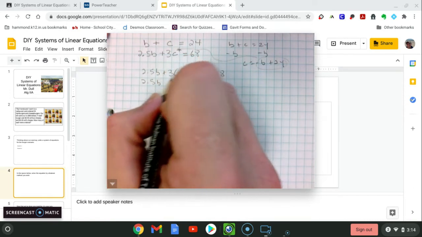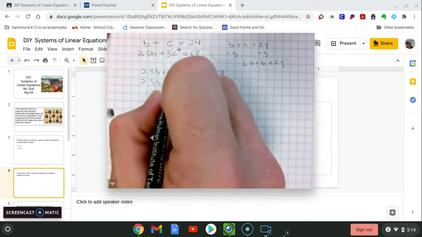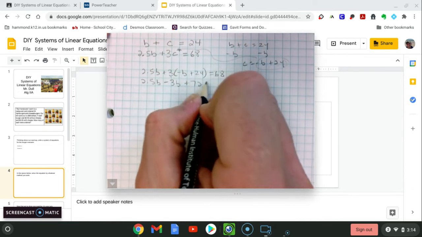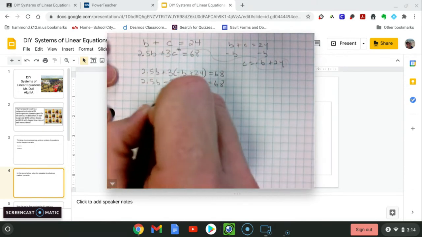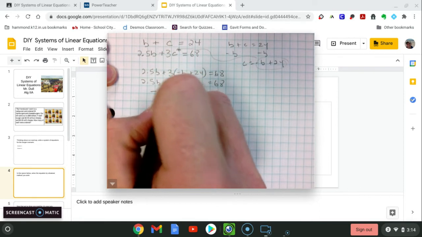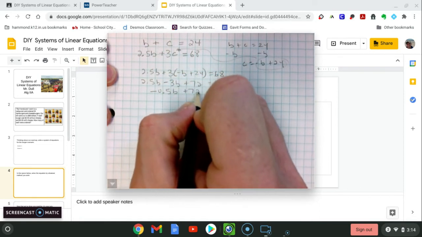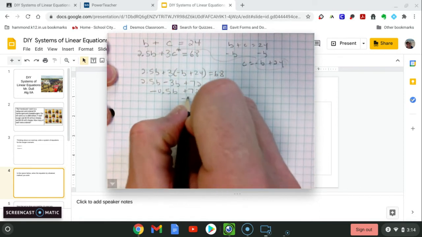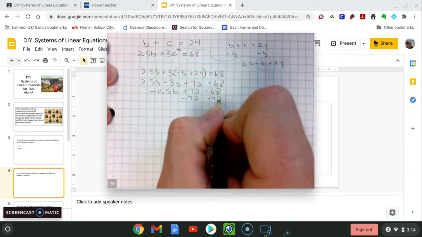So 3 times -B is -3B. 3 times 24 is 72, equals 68. So I have -1/2 B plus 72 equals 68. Subtract 72, subtract 72.